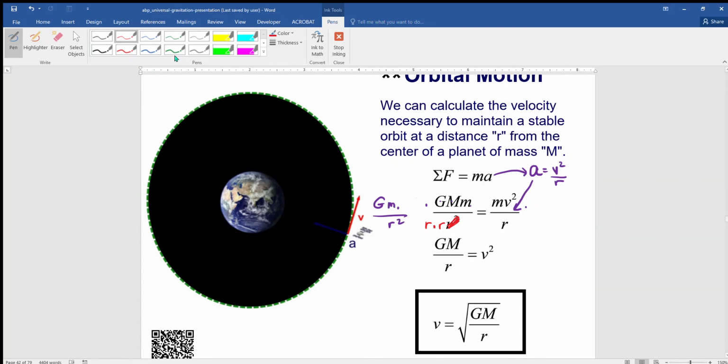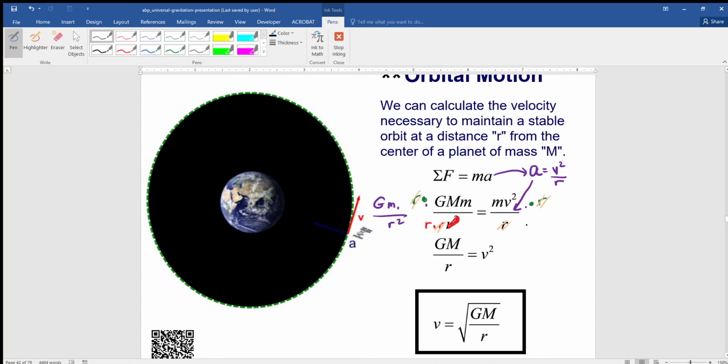If I multiply each side by r, I want to eliminate my variable on the denominator. So I multiply each side by r. And I multiply this side by r. Well, that takes care of that r, and this r is eliminated by that r.